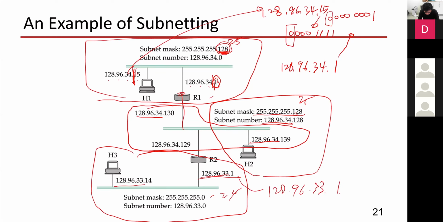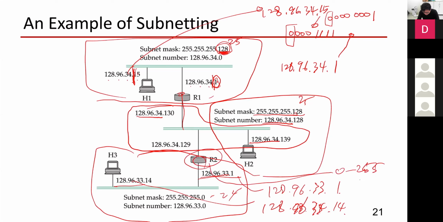This network can maintain addresses from 0 up to 255, so 256 hosts.